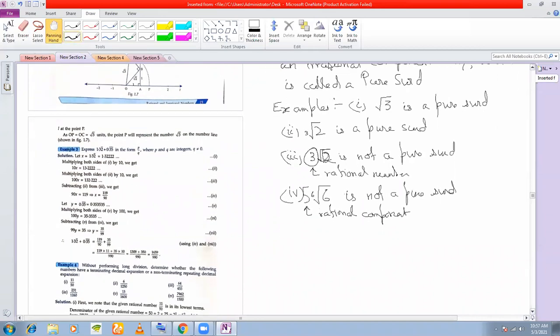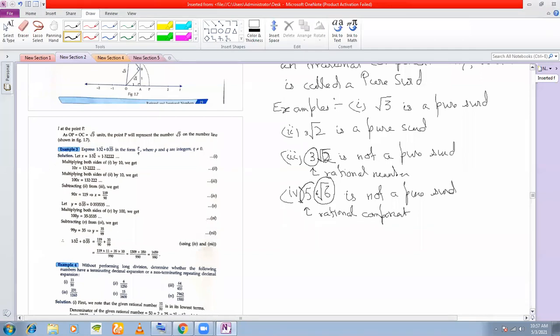Sir, I have not understood this one. Number 4. Okay, so 5 into 6th root of 6. See, this one is an irrational number, right? This is a surd, isn't it? Yes, sir.